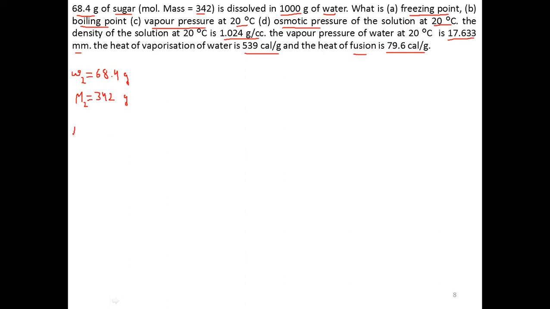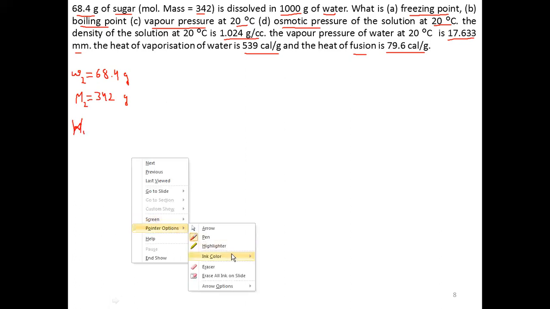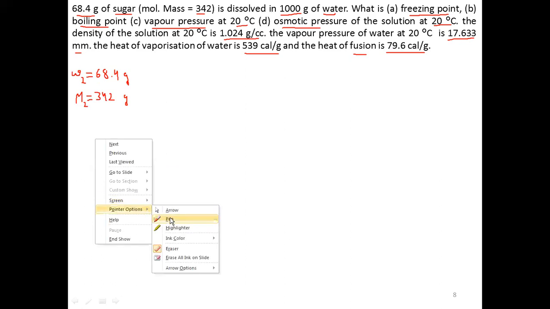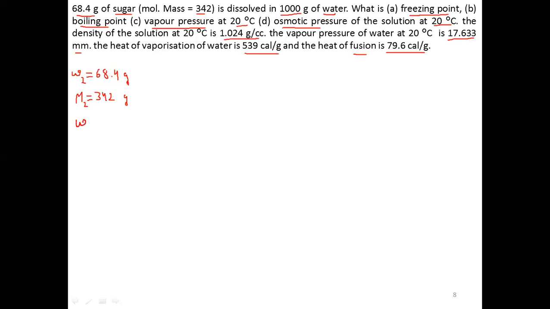Now we are given with the weight of solvent W1, that is 1000 gram, and as the solvent is water, so we have its molecular weight M1 is equal to 18.